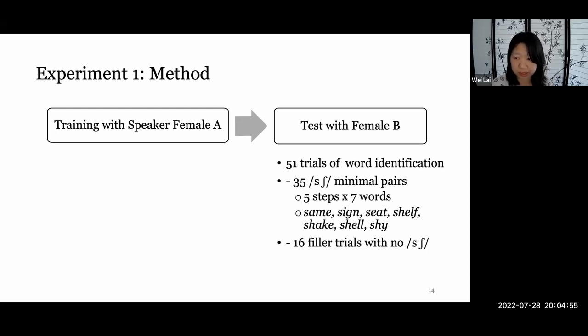The critical stimuli were constructed by splicing 5 steps of an S-SH continuum into 7 lexical frames of S-SH minimal pairs, which are shown here. In other words, listeners will hear 7 repetitions of an S-SH continuum with each repetition embedded in a different word frame, and all trials are randomized for each participant within the block.